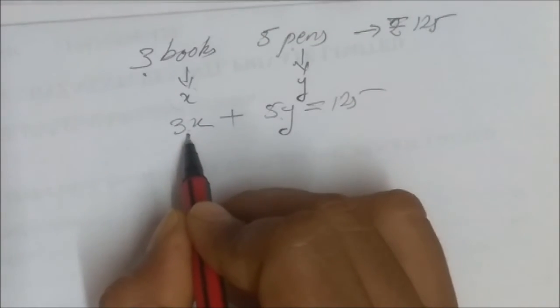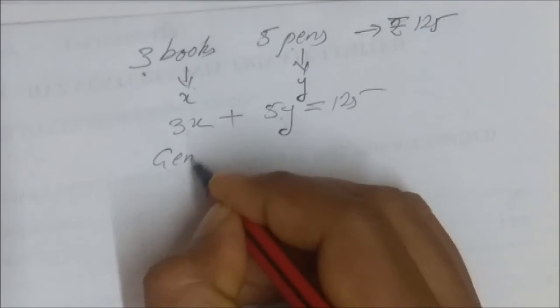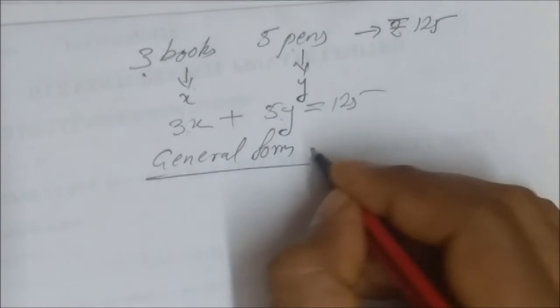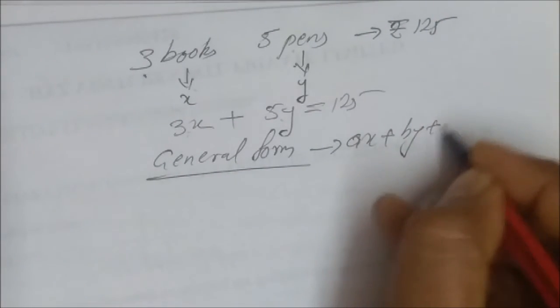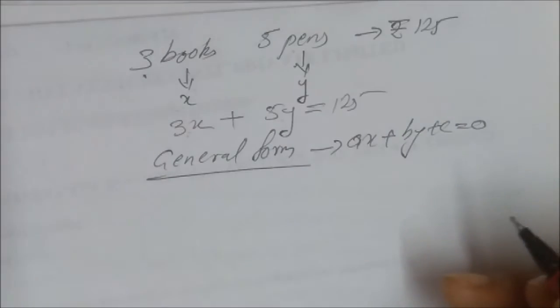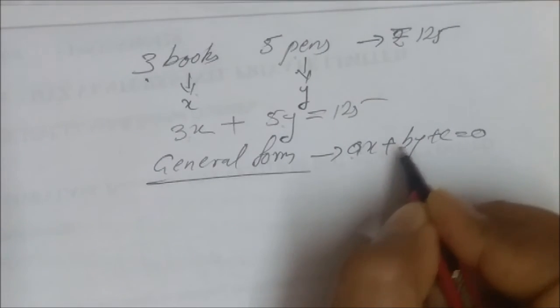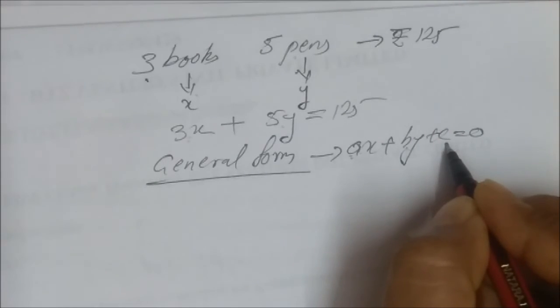But for writing a linear equation, there is a general form. The general form of a linear equation is ax plus by plus c is equal to 0. Clear? a and b are the coefficients of x and y respectively, and c is the constant term.